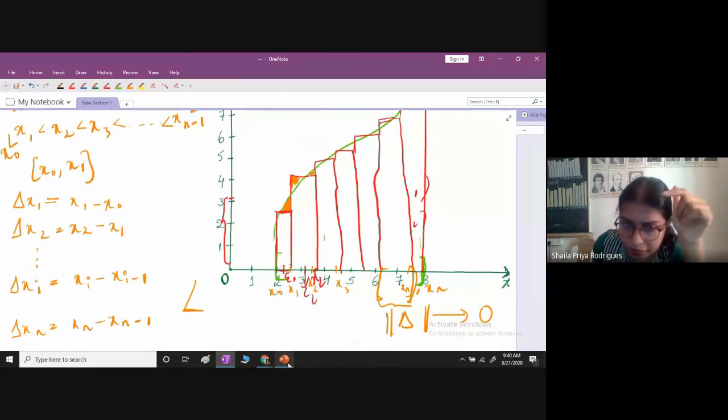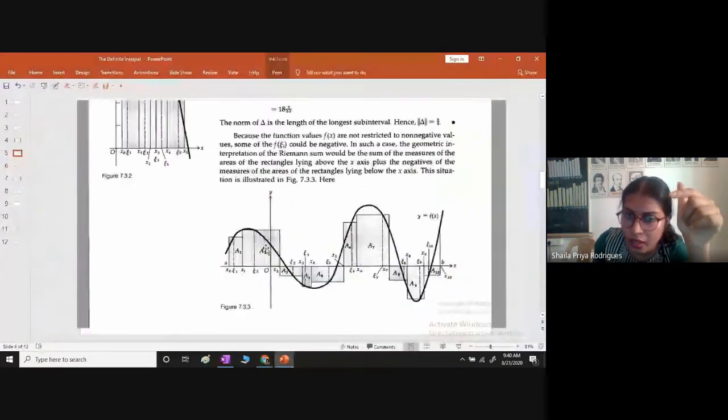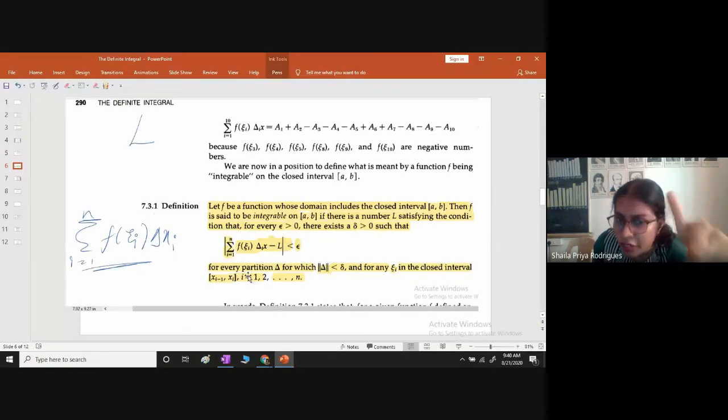This holds for every partition delta for which the norm is less than delta. This notation here is the norm.